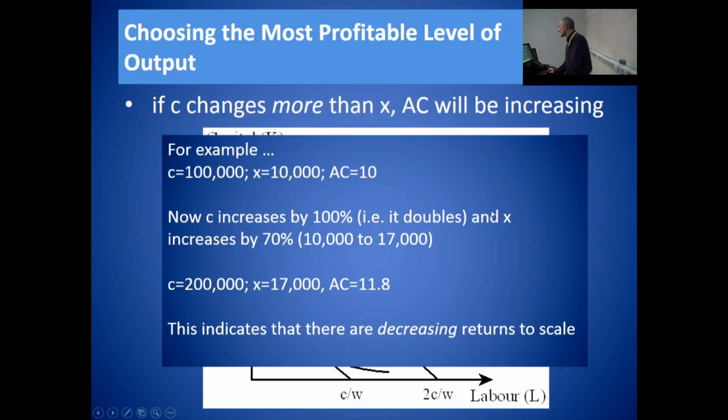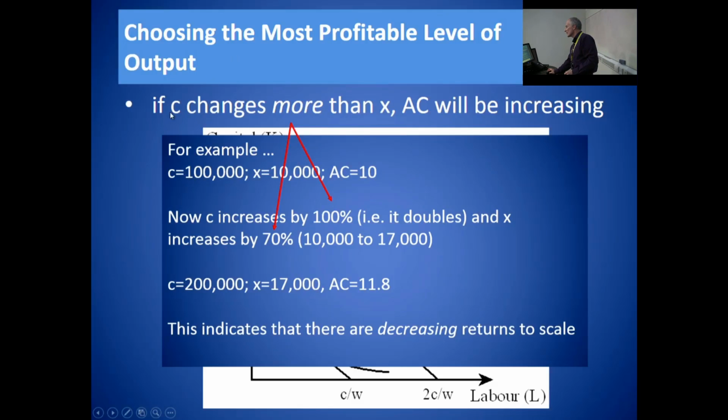But by how much did X increase? It went from 10,000 to 17,000. It increased by 70%. So costs and inputs have gone up by 100%. Output has gone up by only 70%.